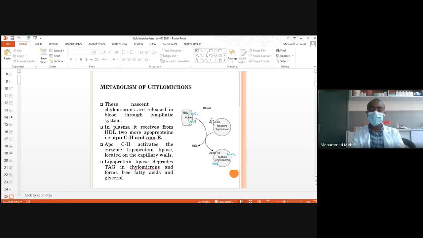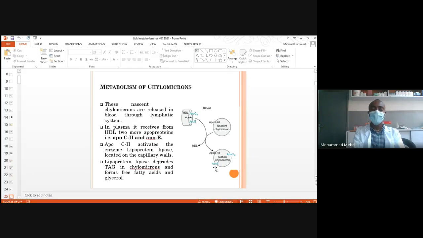Let's see the functions of those proteins. Apolipoprotein B48 is for transport function: it solubilizes the non-polar lipids and then transports them into the blood circulation. ApoC2, apolipoprotein C2, is important to activate the lipoprotein lipase enzyme found in the blood vessel.